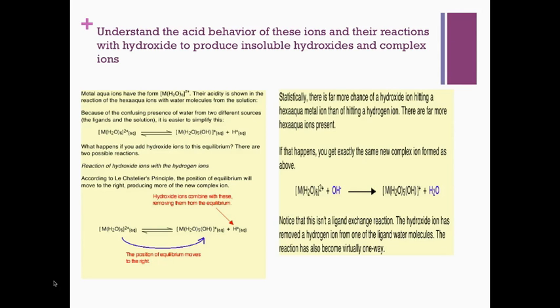Now let's take a look and see how these ions behave when they mix with other things. So for example, let's take a look at a metal aqua ion. The previous slide talked about iron being the central and water being around it as ligands. Here we have an M, a general case, being the metal, and it's surrounded by water.